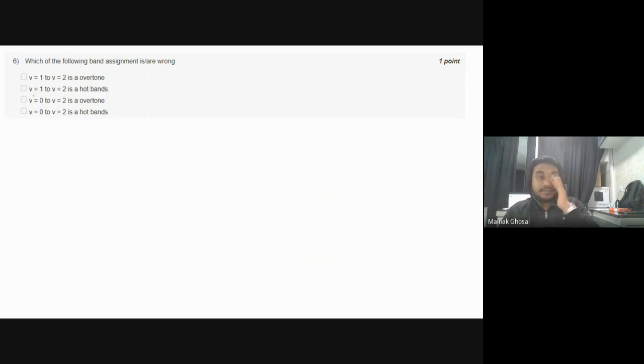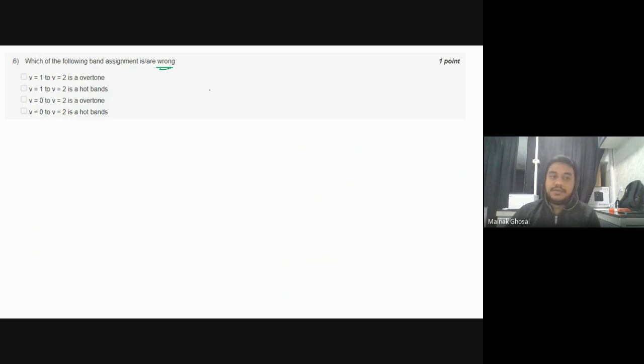So next question. Which of the following band assignments are wrong? That means you have to find out the incorrect answer. Here I have seen the transitions correspond to overtone and hot band.